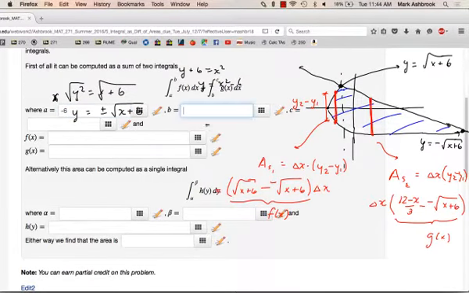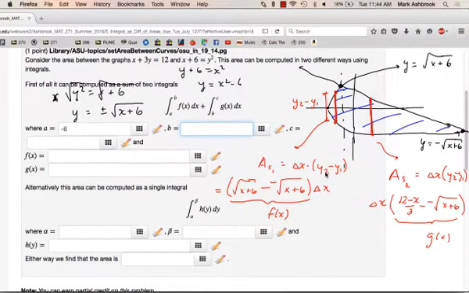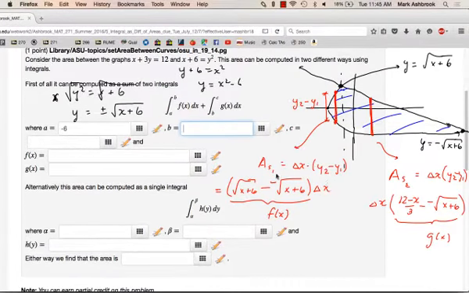So now we need intersections, right? So we need where x's and y's are equal. So we could set x's equal, and we do that in blue down here. Setting x's equal, 12 minus 3y equals y squared minus 6.